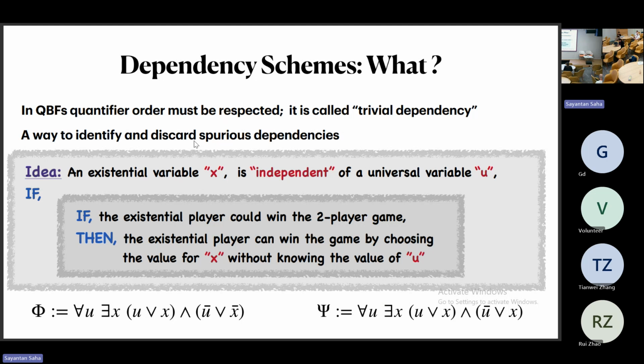We say an existential X is dependent on a universal U if, looking at it from the two-player game perspective, the existential player could win the two-player game only by knowing the value of U. If he could win it by choosing a value for X without knowing the value for U, then X is independent of U. For example, in this toy example at the bottom, on the left-hand side, for all U there exists X, the existential player can win the game, but only by setting X as the opposite of U. But on the right-hand side, the existential player can set X equal to 1 and always win the game. So on the right-hand side, X is independent of U, while here, X is dependent on U.